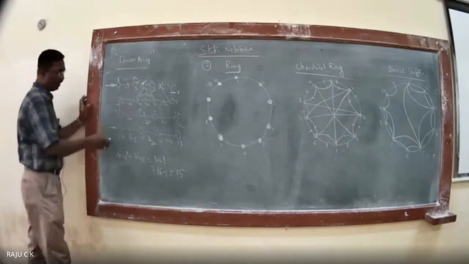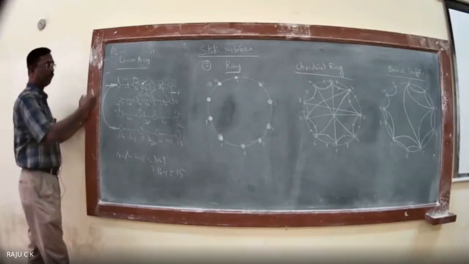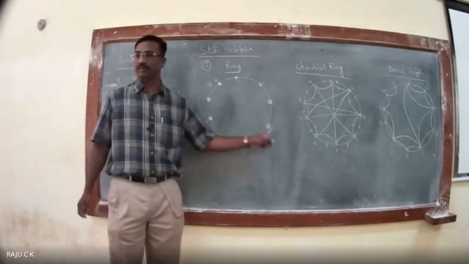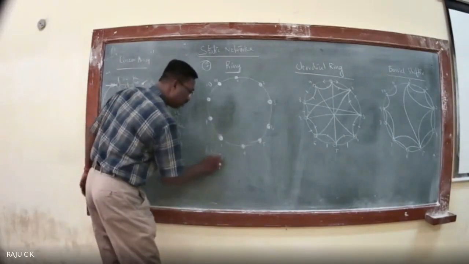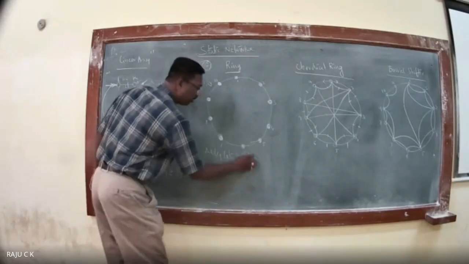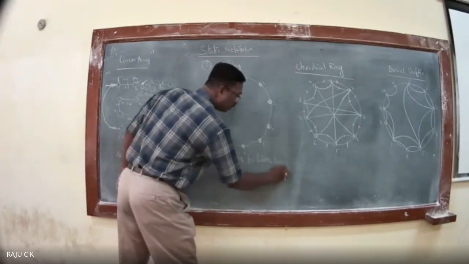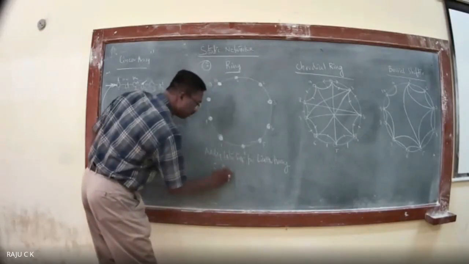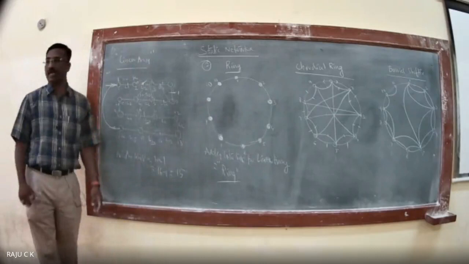I am adding one extra link here, at this point, and that will form a ring type structure. Adding an extra link to the linear array will form a ring type structure.